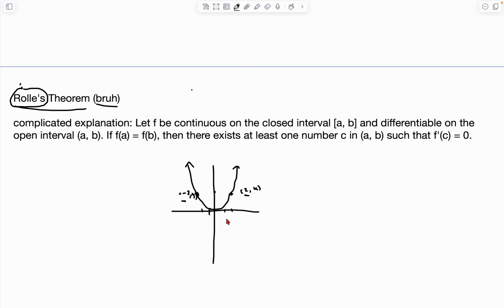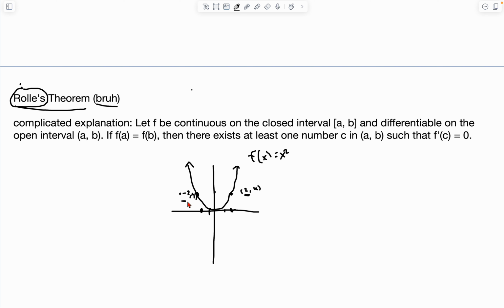Okay, so basically it's saying if I take two random x values, for example here, -2 and 2, let's just say this is f(x) equals x squared.